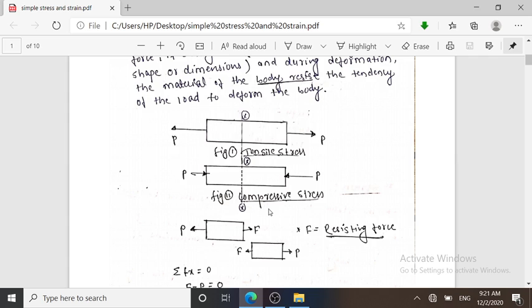So we can simply define the stress as the internal resisting force per unit area.